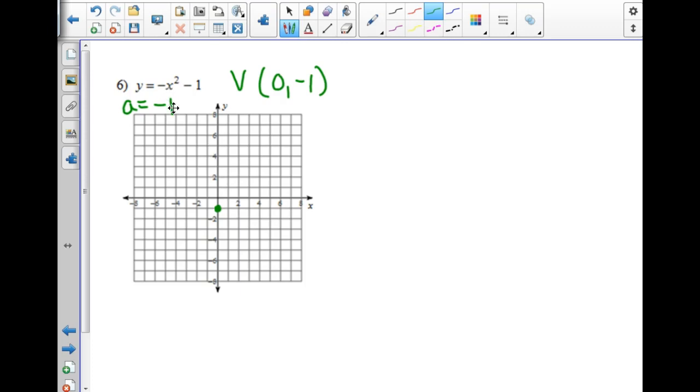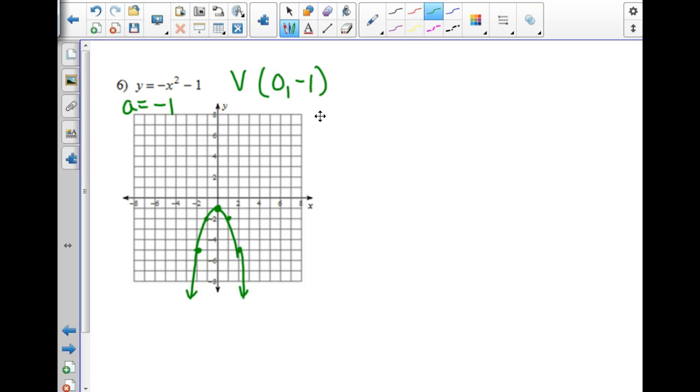You multiply whatever we get by -1. 1 squared is 1, so it would be -1. So down 1, right 1, down 1, left 1. 2 squared is 4, but -1 times 4 would be -4. So we go from the vertex down 1, 2, 3, 4, right 2, and down 4, left 2. And that's good enough. I can't fit anything else on here because 3 squared is a little too big. -9 would be a little big.